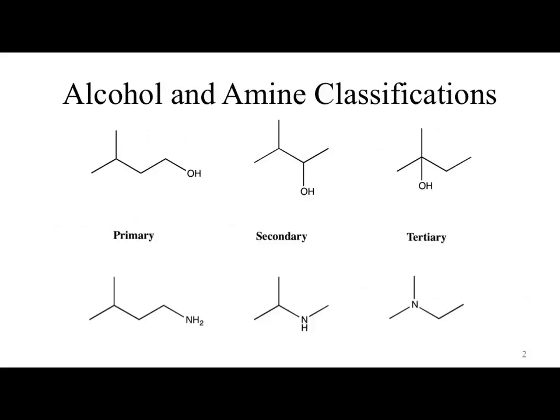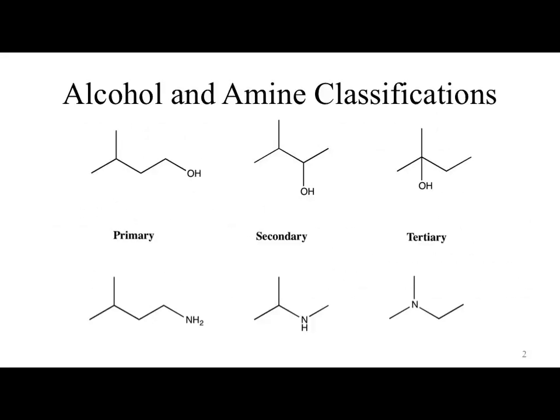Okay? And that will end up changing their reactivity. For instance, a primary alcohol, we might expect to react in what type of substitution reaction? SN1 or SN2? SN2, because we've got a primary substrate. Okay, so we have to go back to all of those rules and remember them again.